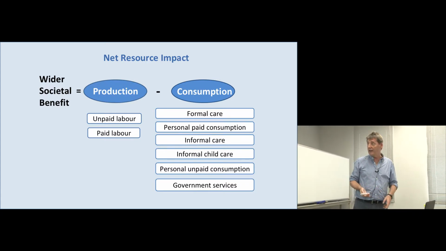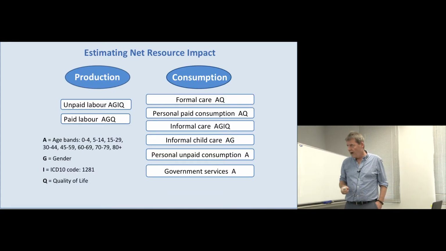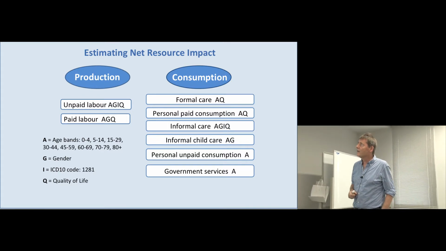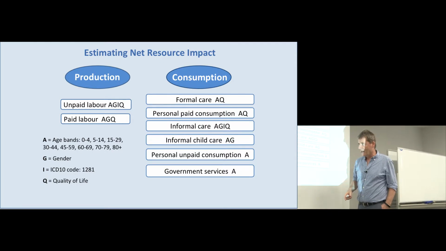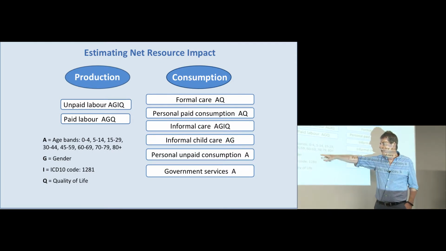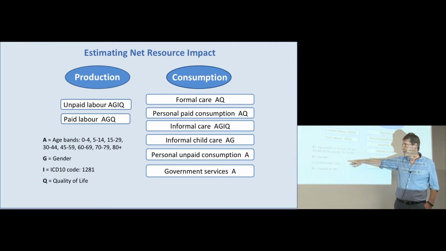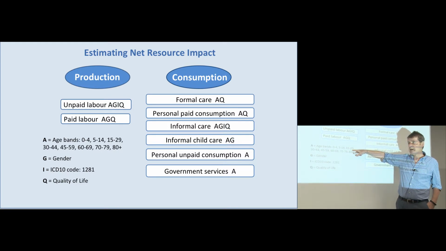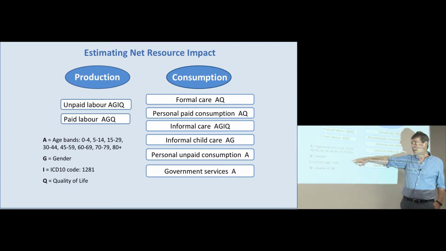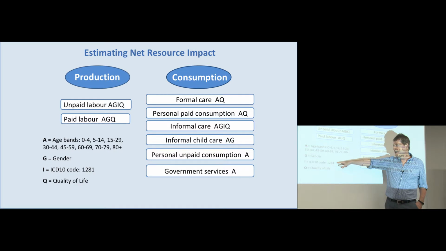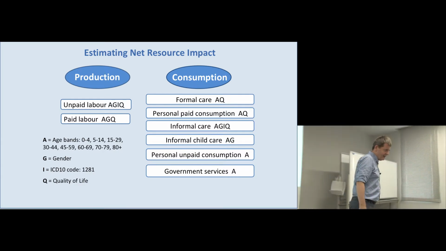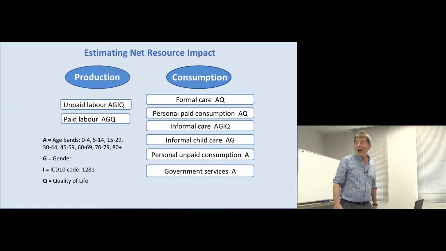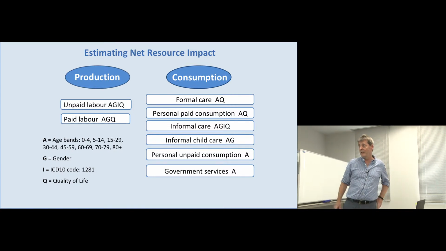Now, to operationalise it, they developed simple models that looked at 4 different characteristics: the age of the patient, the gender, the ICD code, in other words, which disease area was involved, and the final one, represented here by Q, quality of life.